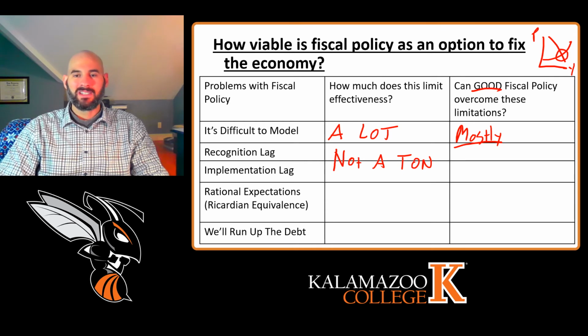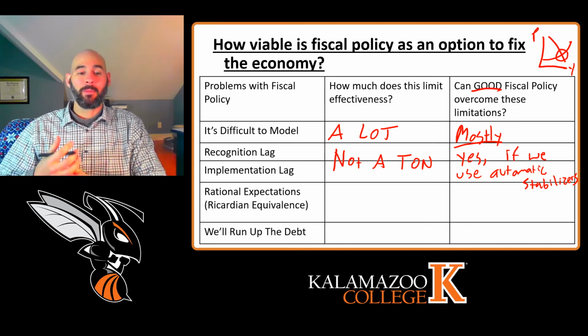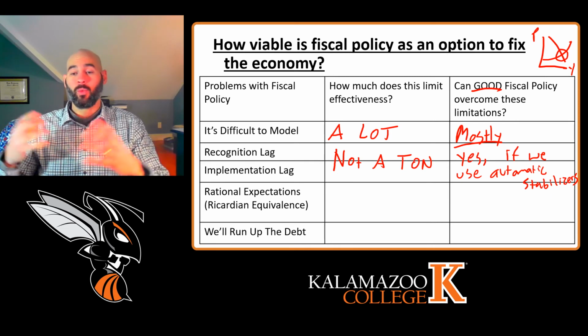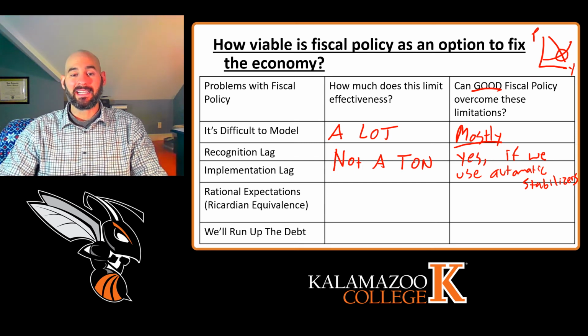And if we use automatic stabilizers, then they won't limit the effectiveness of good fiscal policy, since automatic stabilizers automatically kick in, they're automatically triggered when certain economic thresholds are crossed. Then we don't need to worry about recognition lag or an implementation lag, because those policies would immediately go into effect. So if we have good enough automatic stabilizers, then we don't really have to worry about those lags.